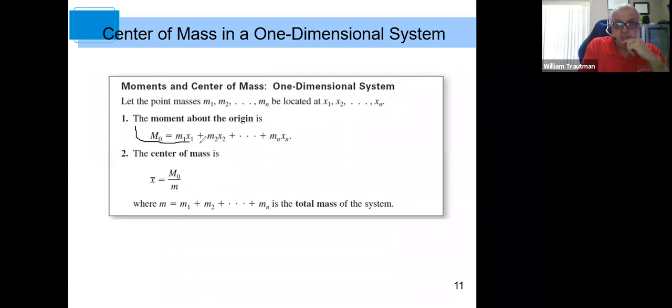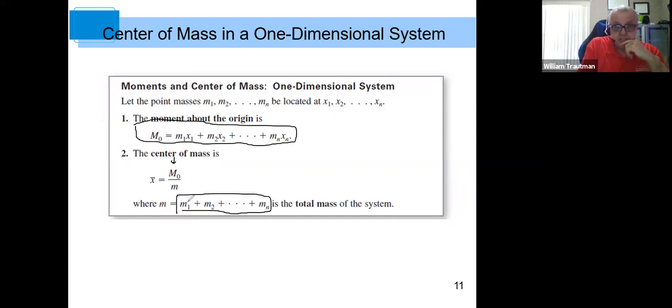So definitely write this down. This is a one-dimensional system. And the center of mass is the momentum divided by the total masses. This is where you're just adding up all the masses along that axis. And this is the center.